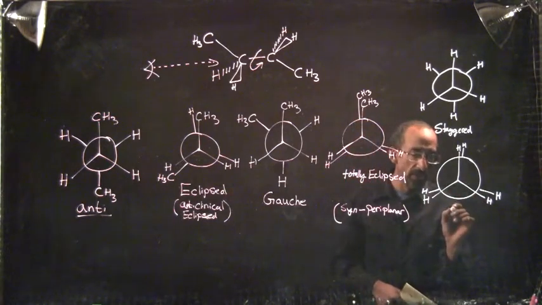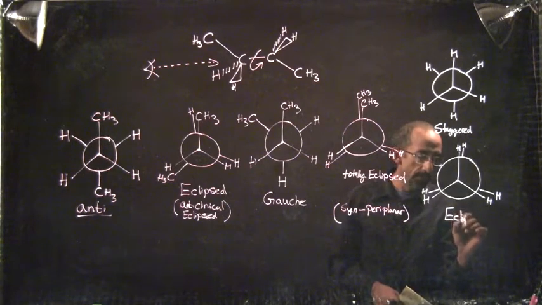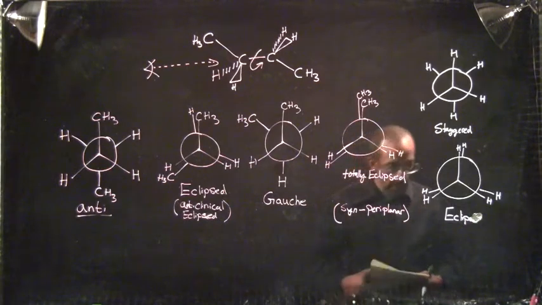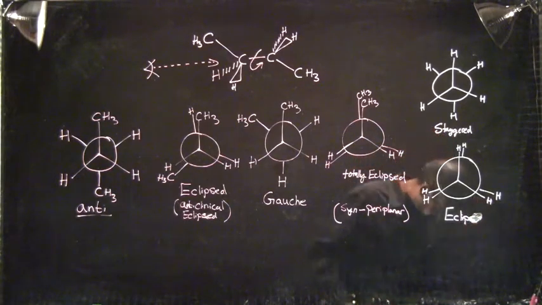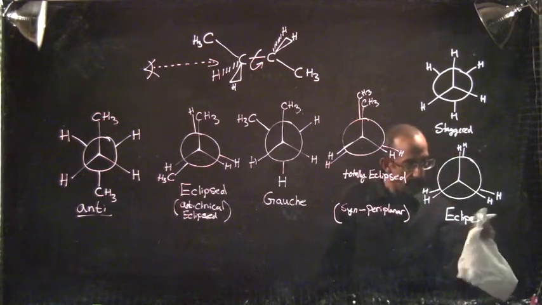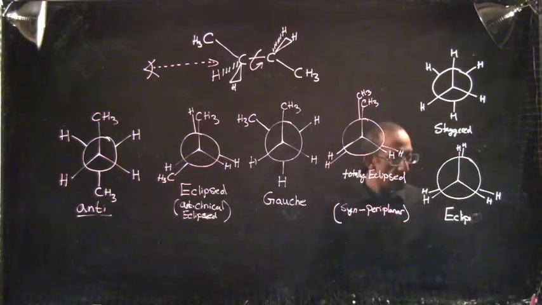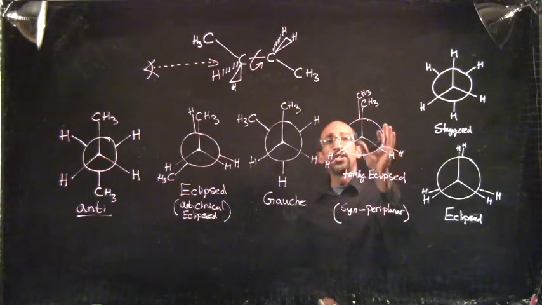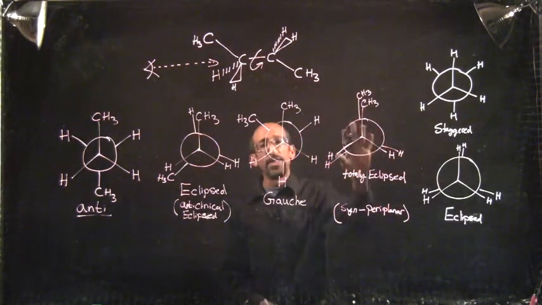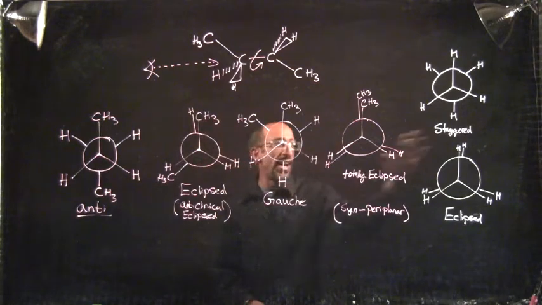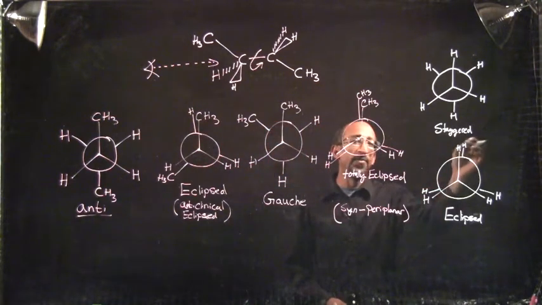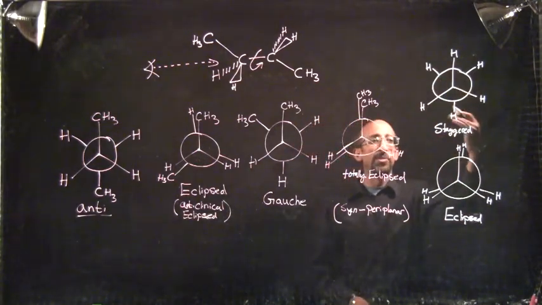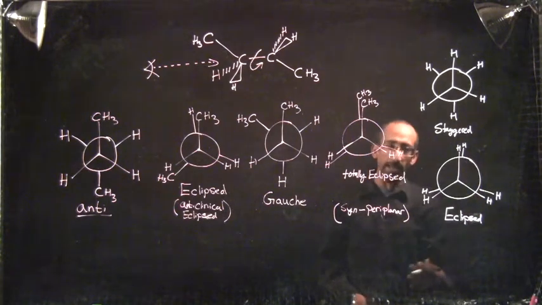We would just call this eclipsed. And that's because, unlike totally eclipsed and eclipsed, when we have different substituents, we really don't have any situation where we could have any different type of eclipsing interaction. So again, when all 6 substituents are the same, we use the terms staggered and we use the term eclipsed.